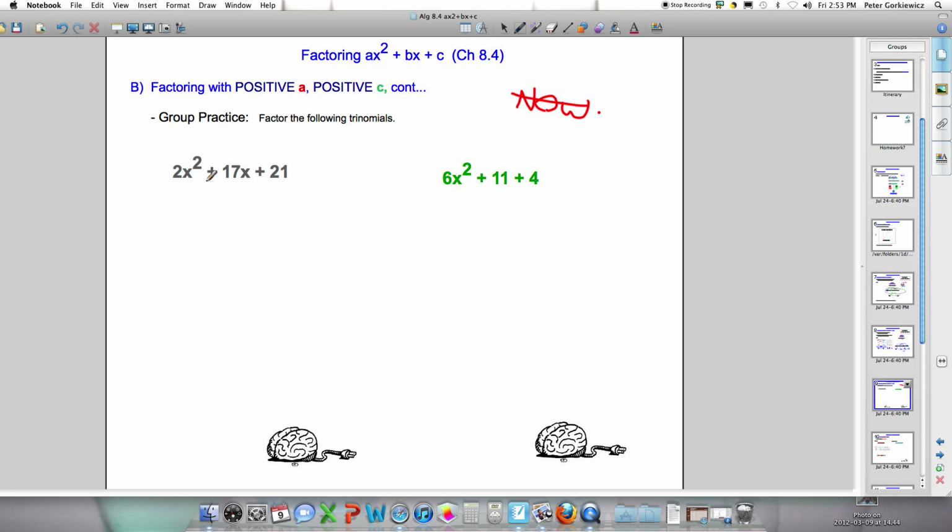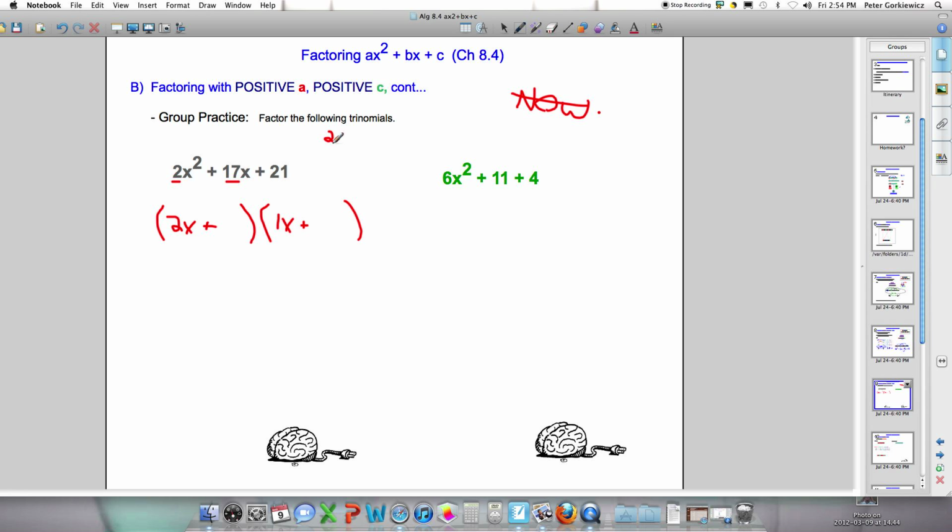So this one's fairly easy because we know one of our a is 2, and so we know one's got to be 2 in front of x, and one's got to be 1. The hard part is what is going to sum to this. We know they're both positives, so let's think about what sort of things multiply to 21.